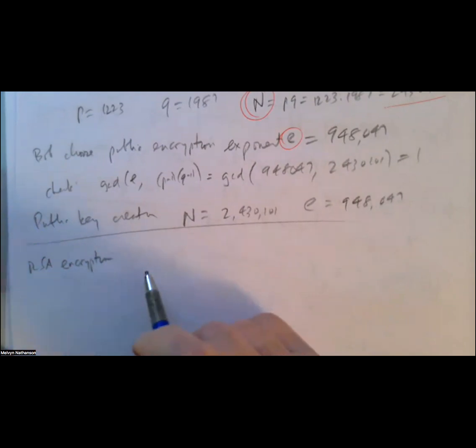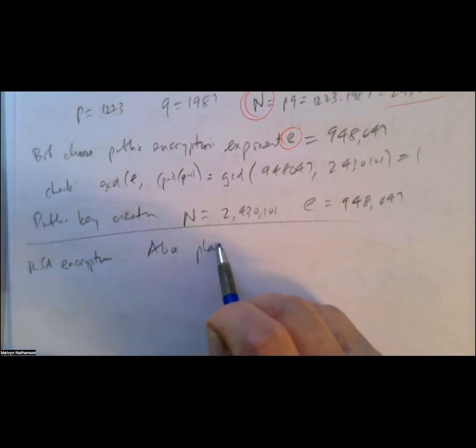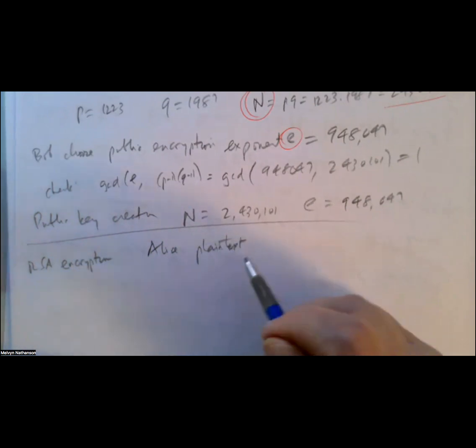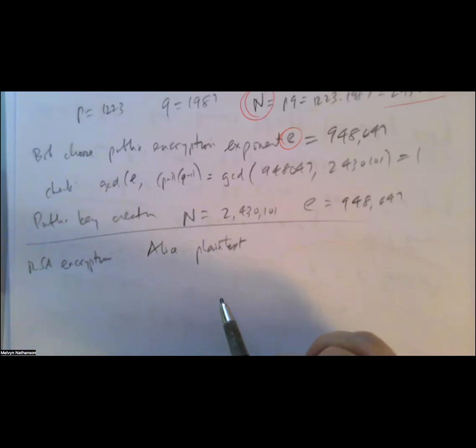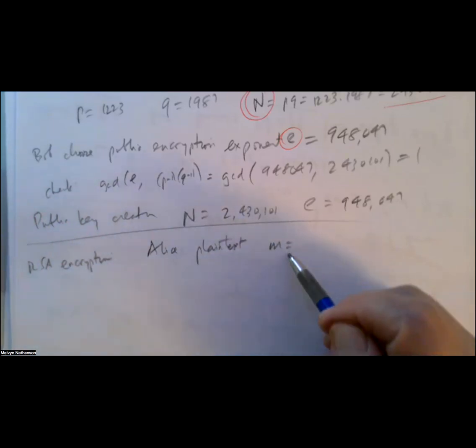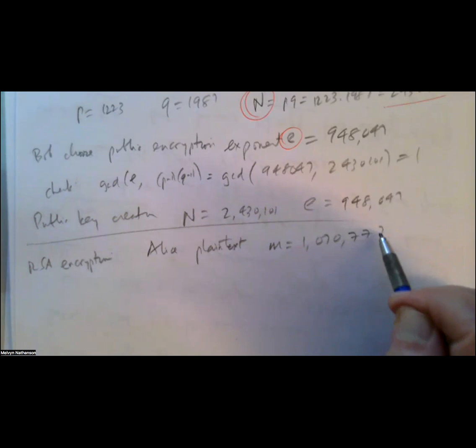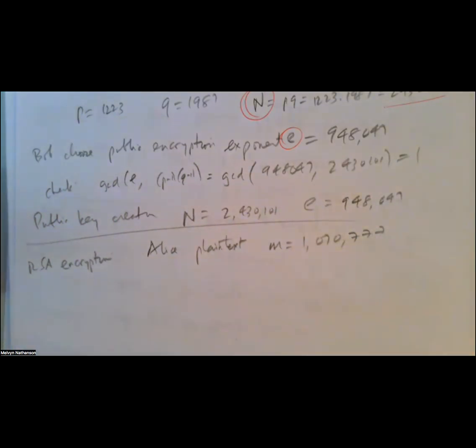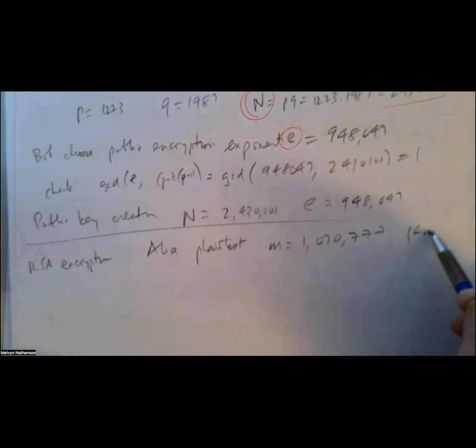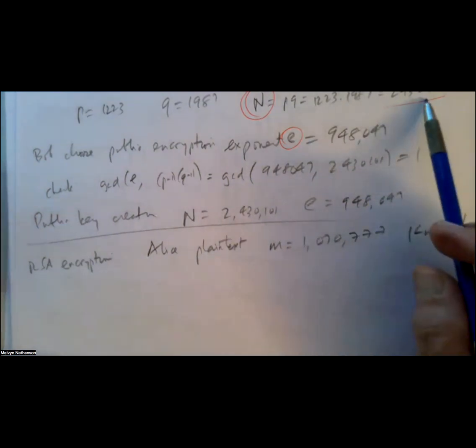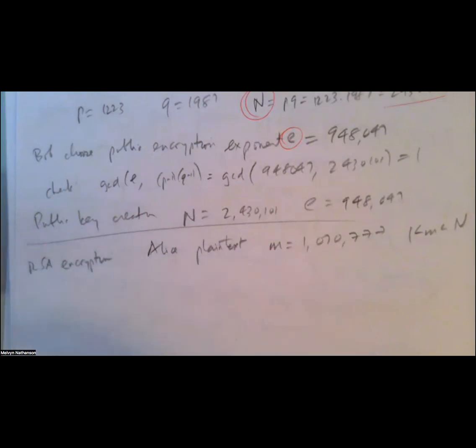Suppose Alice has the plain text. Your text, whatever it says in words, is converted to a number. M, this is her message, which is 1,070,777. So this number is between 1 and n.